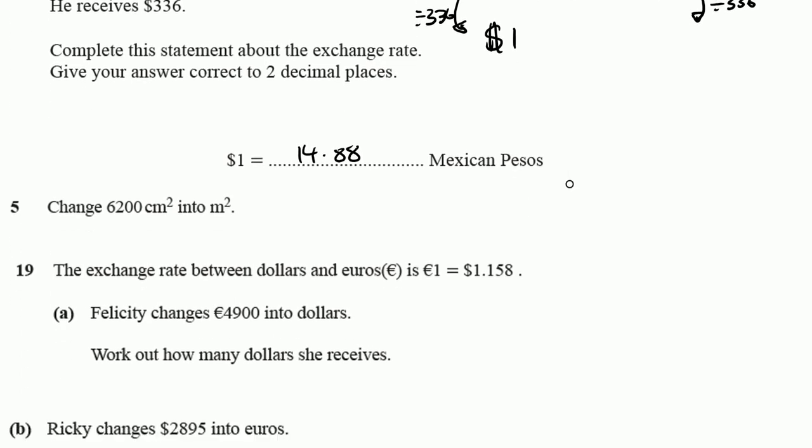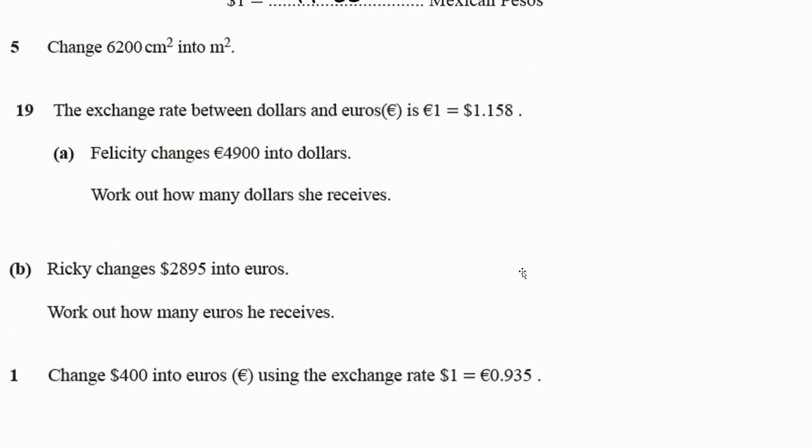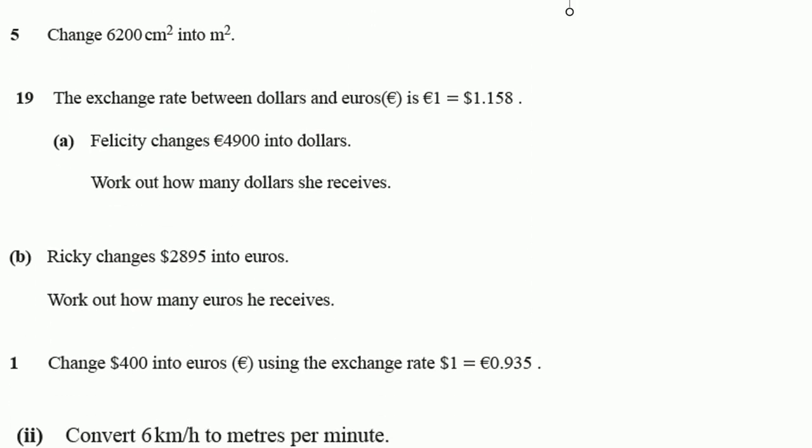Now here we have a conversion from 6,200 square centimeters into square meters. So the conversion between centimeters and meters is 100. Let's write that down. 1 meter is equal to 100 centimeters. So that's our exchange rate. Now when we're doing square centimeters, we have to do it twice, because we'd have to do that conversion on each side of the square.